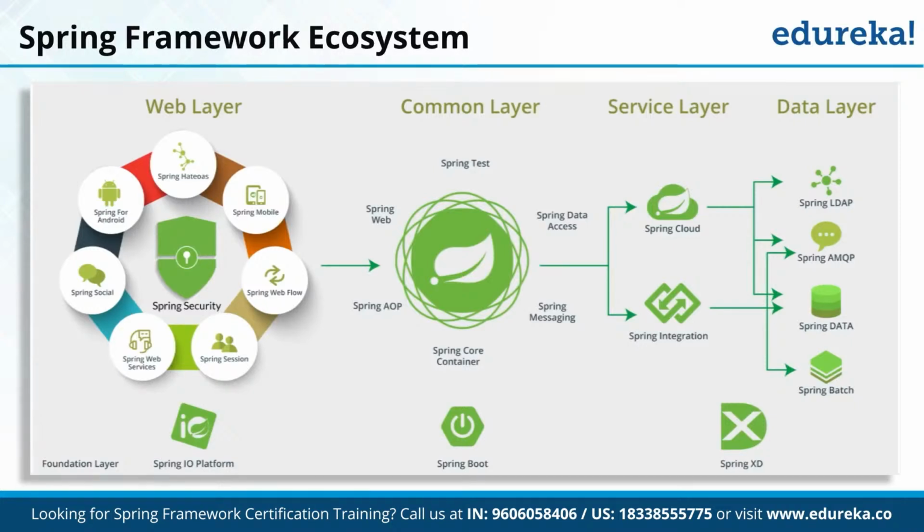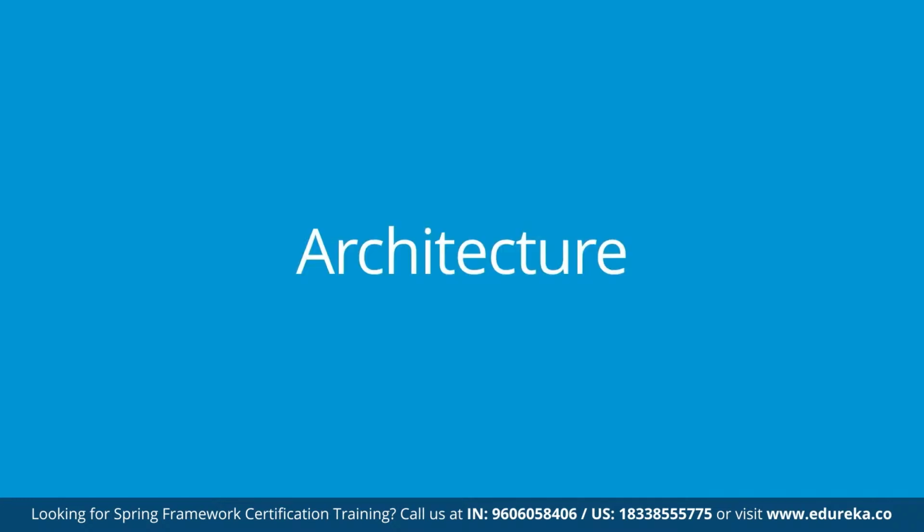Thereafter we got a common layer where we do some basic operations as in Spring Boot, and then service layers and data layers, as in Spring XD and the other components available in the Spring Framework, right? So this is the entire Spring Framework ecosystem, how the Spring Framework is going to come up and interact, and it is available in various modules.